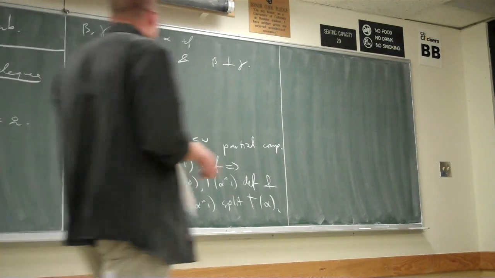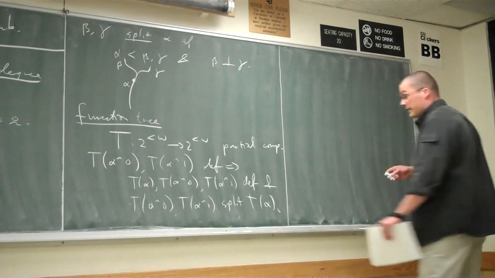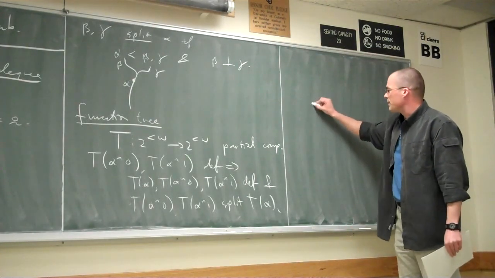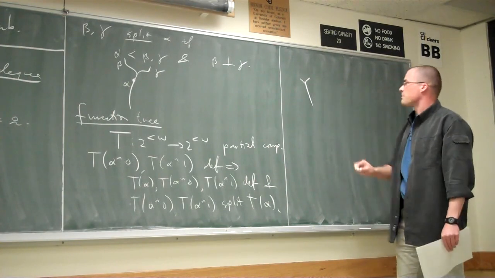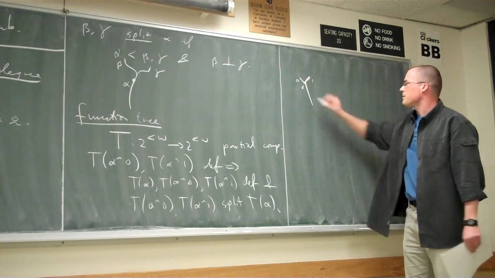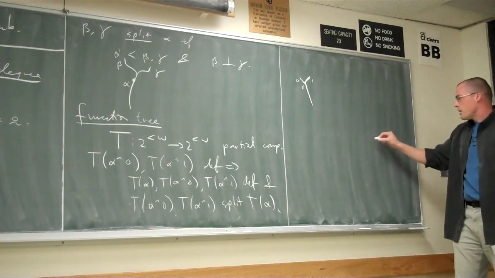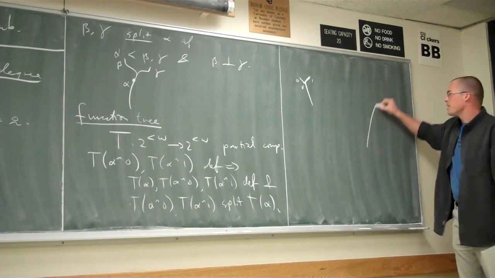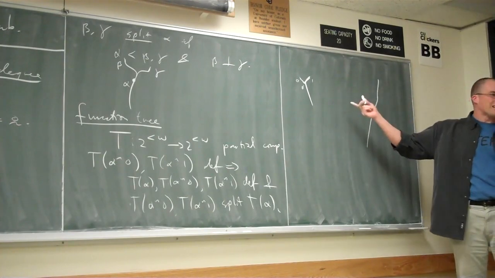So what this is saying is, here you have in the domain alpha which splits, 0, 1, there's the alpha. Then in the range, T alpha is an arbitrary finite sequence, so in particular it can be a lot longer than alpha.